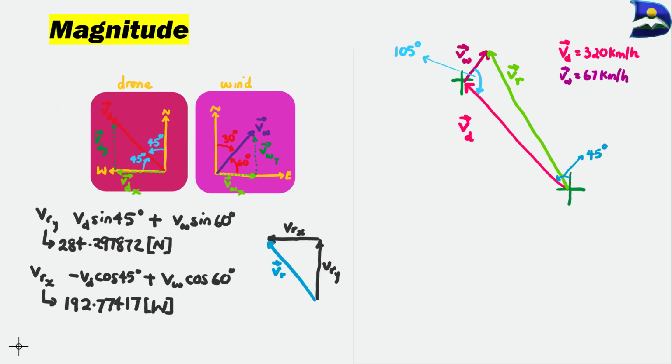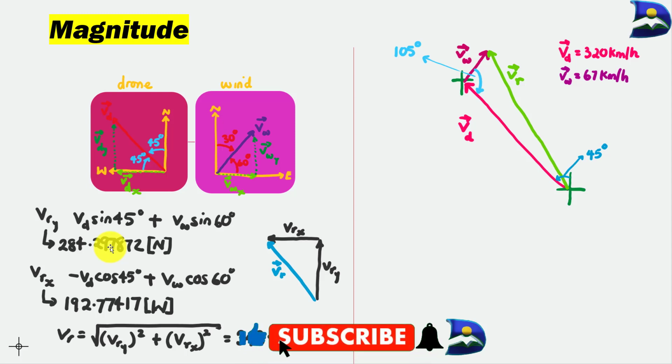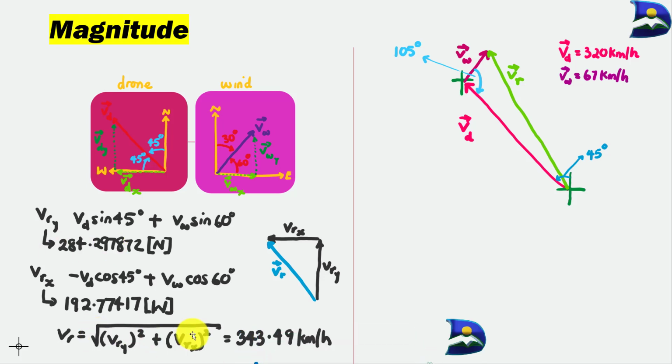To find the magnitude through the Pythagorean theorem, we take the square root of the square of the y component plus the square of our VRX. Put that into your calculator, and you should be able to get the final answer to be 343.49 kilometers per hour. And this here is actually taking into consideration the square root as well.